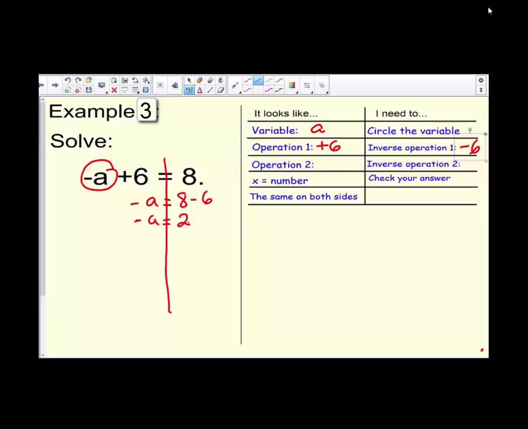Now, my a is not alone. There's another operation happening there. If you see that negative, it's basically saying that we have a -1 multiplying that a. So my second operation is multiplying times -1. So I'm going to divide by -1.